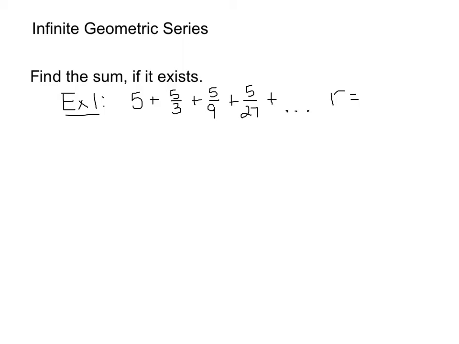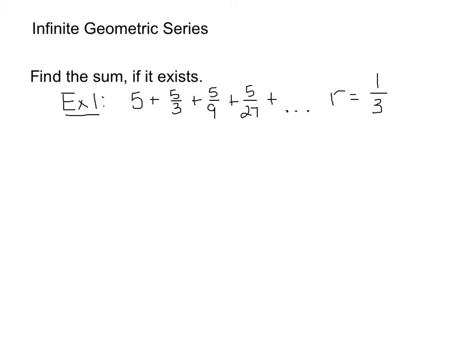You can compare two numbers and see what it's changing by. The numerator is not changing, it stays 5, but on the bottom it's being multiplied by 3 each time. So the r is 1/3.